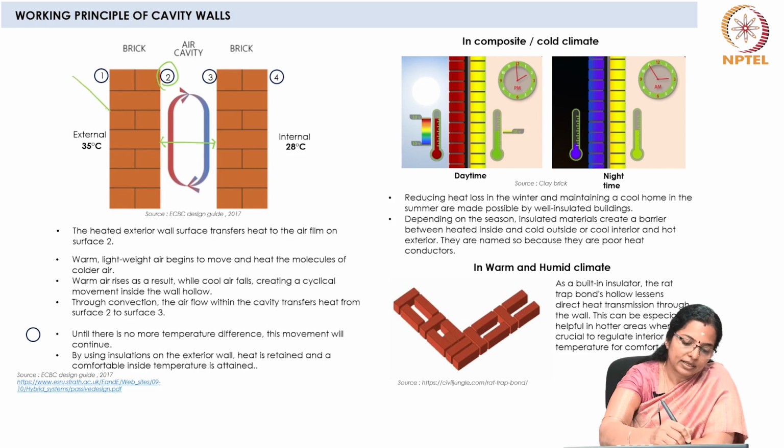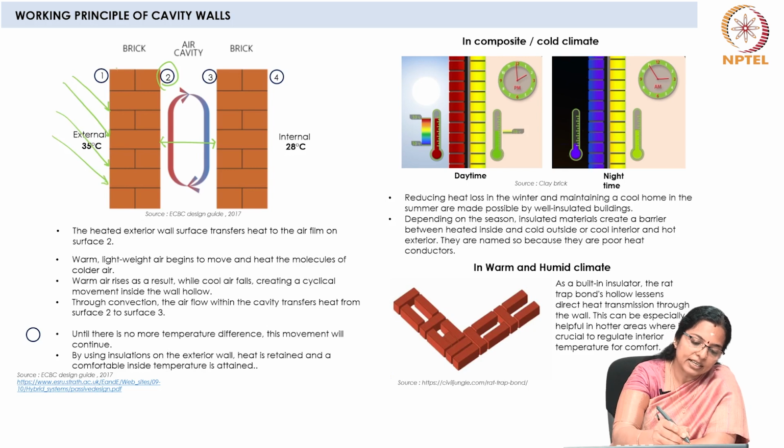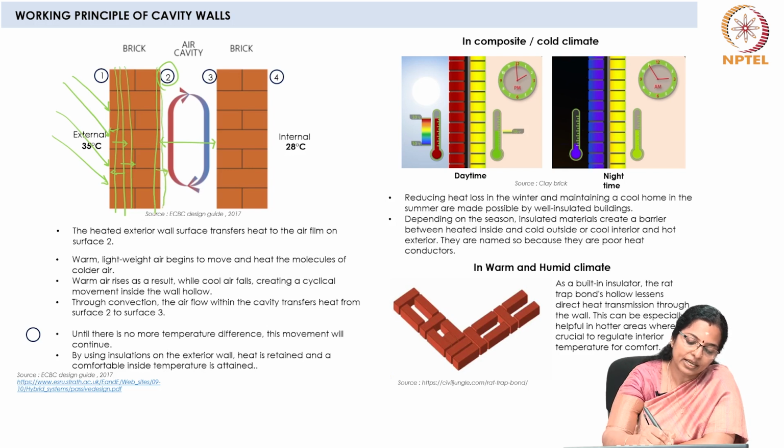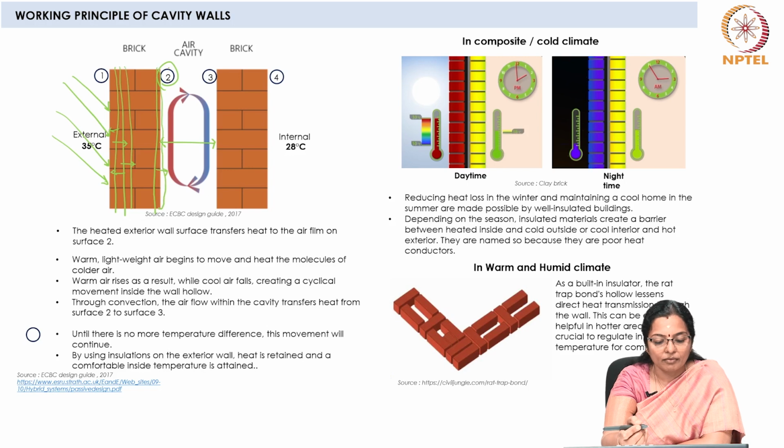So, when solar radiation falls on this wall, there is gradual heating of the various layers of the wall until the heat is passed on to the film of air adjacent to the outer wall, and that is called surface 2.